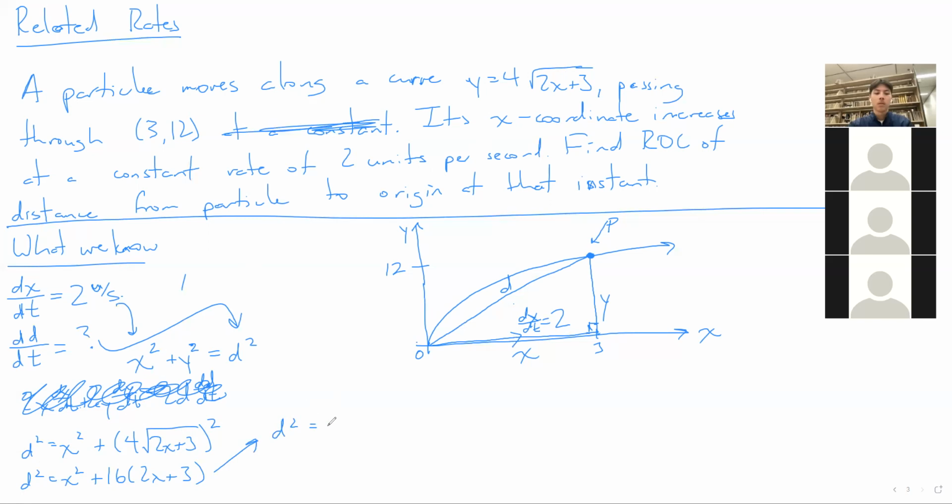So d squared equals x squared plus 32x plus 48. So using the information I had, I got away from having to deal with y directly. Because if I have x, I know everything I need to know about y.